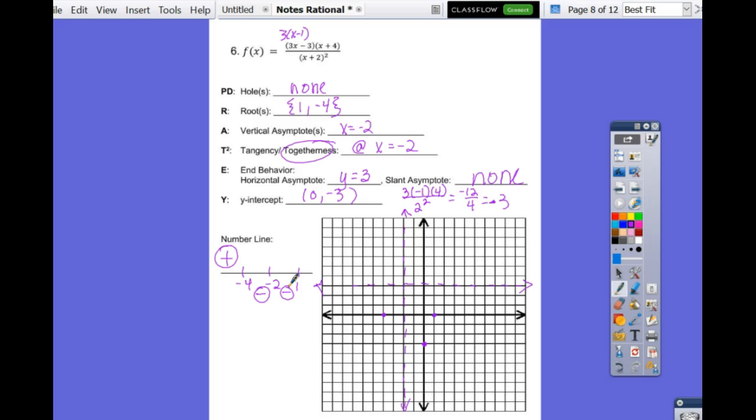And if I test 2, I get positive over positive, so it's positive. So this is the only time the alternating isn't going to work, right? Otherwise, if there's no tangency and no togetherness, once you find the first one, you know the rest of them. So this is positive. This is going down because of togetherness, and that goes up.